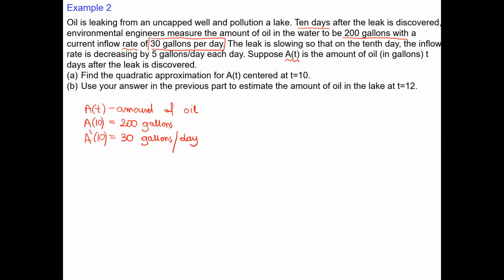If the 30 gallons per day is the velocity, the speed, then 5 gallons per day each day is the acceleration. Since it's decreasing, we will decrease by 5 gallons per day and per day, which is day squared, time squared. That's the units for the acceleration. We have lots of important information.